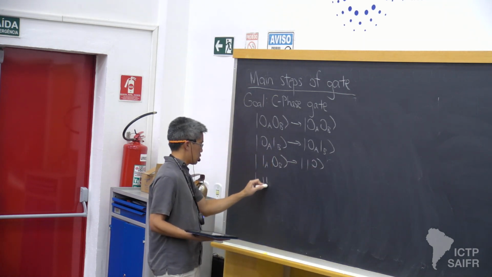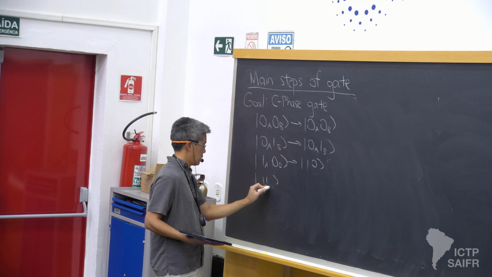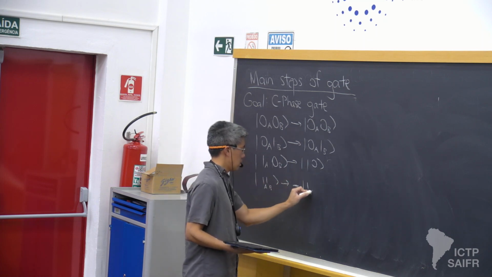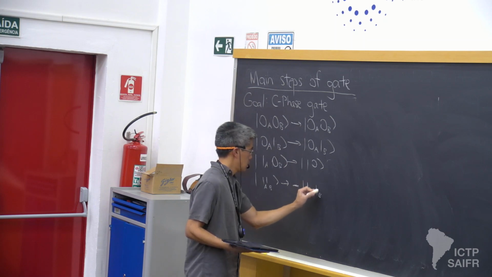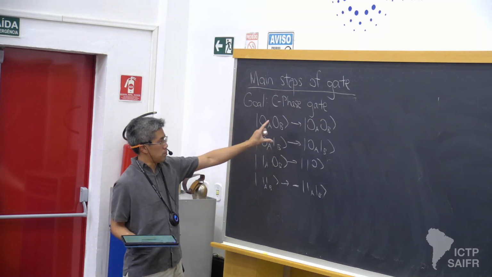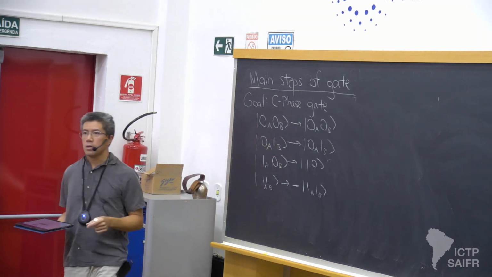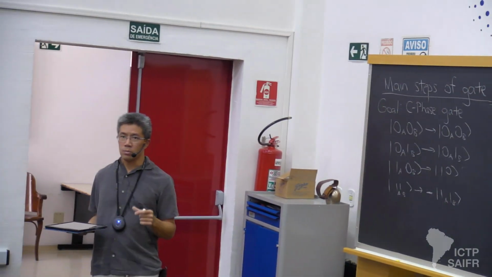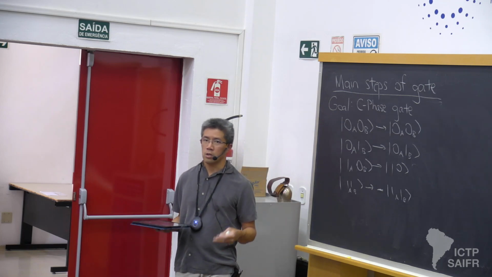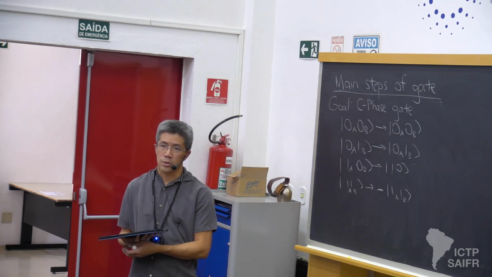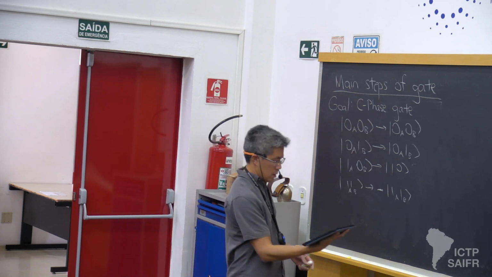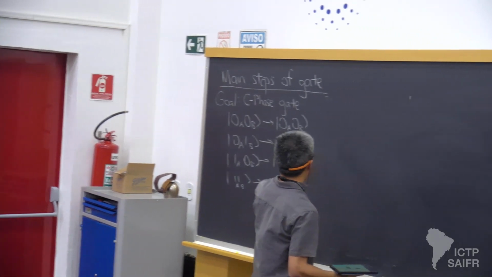And then the non-trivial thing is 1, 1 gets mapped to minus 1, 1. So you can easily convince yourself that if you started with a product state of photons in A and B, and you applied this unitary map, all of a sudden, in general, your new state would be non-separable or entangled. Okay. So how might you do that with photons?